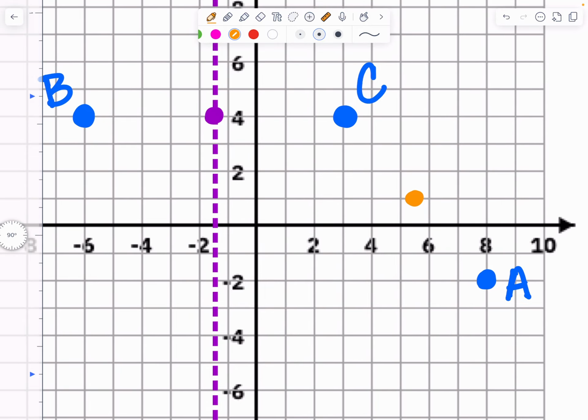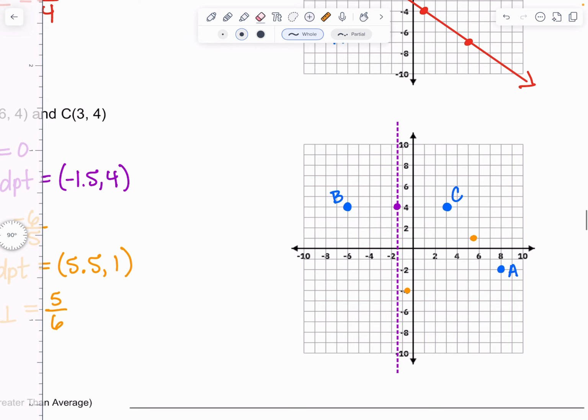So I can go down 5, 1, 2, 3, 4, 5, and go over 6. 1, 2, 3, 4, 5. So right here. All right. So that's that bisector.